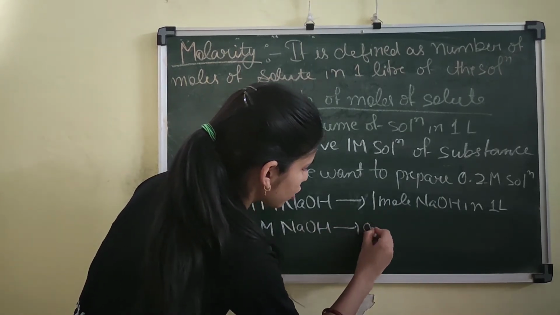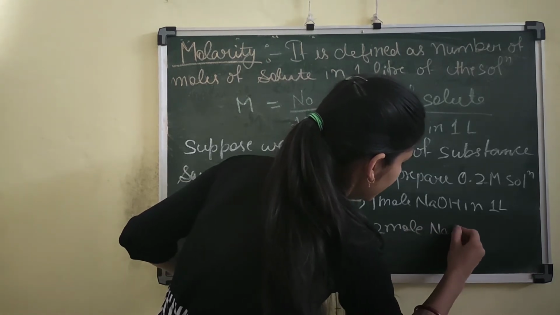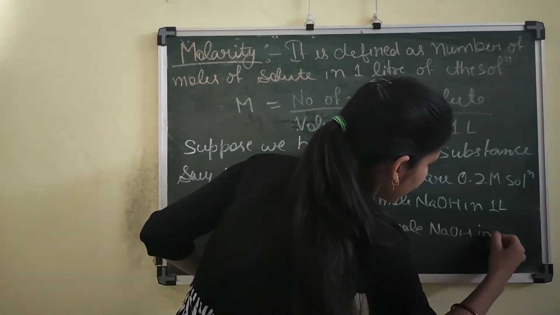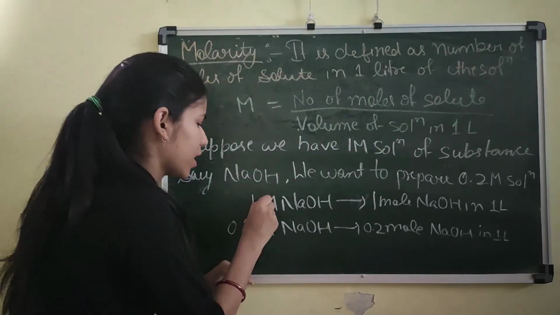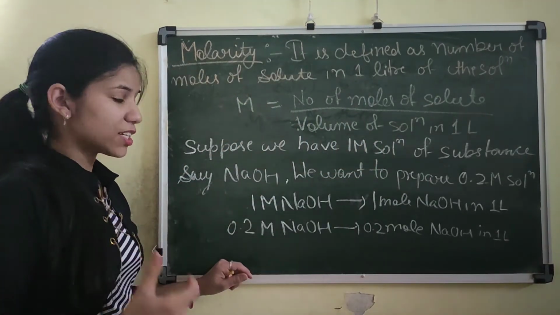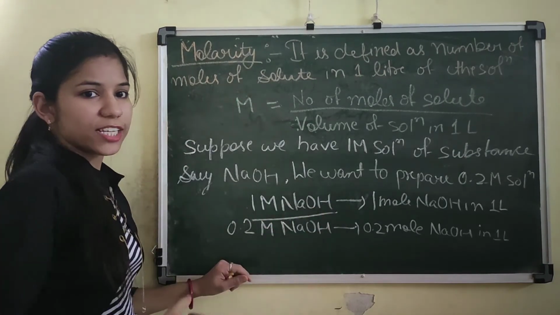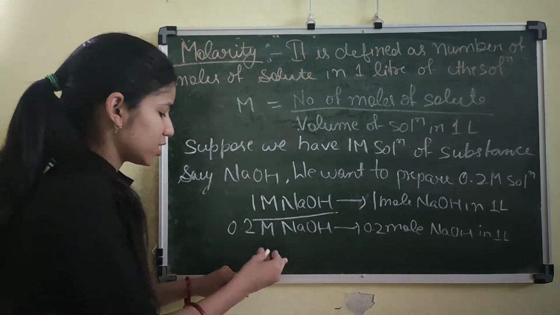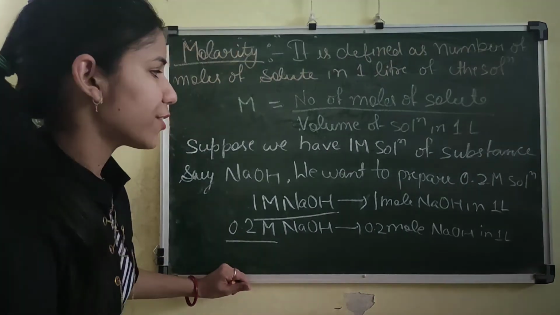So we require 0.2 mole of NaOH in 1 liter. So in this, how much concentration of 1 ml NaOH is required which contains 0.2 mole of NaOH? We calculate this from this rule.